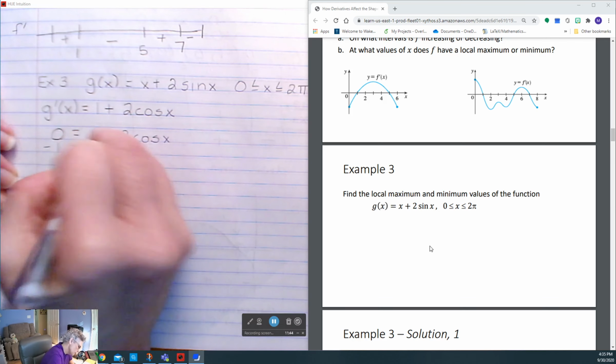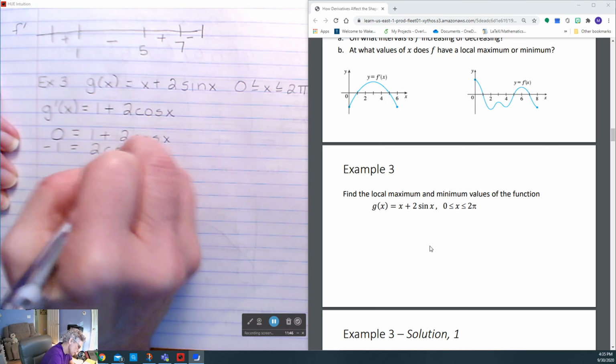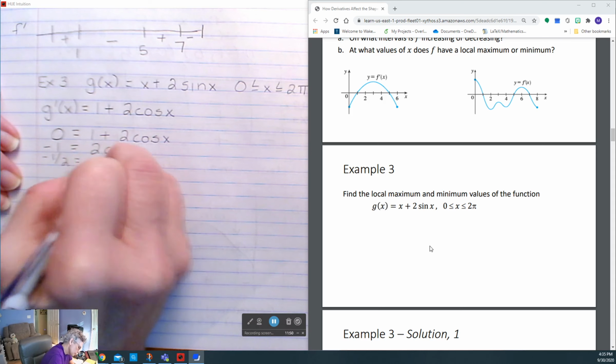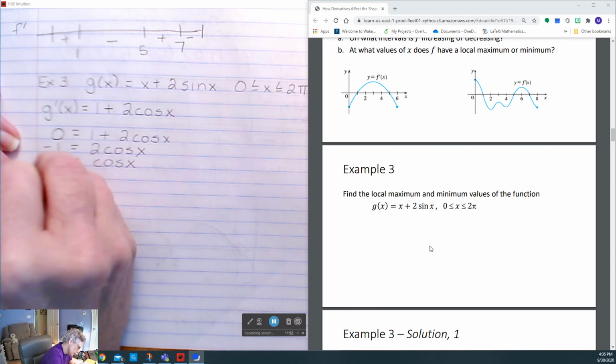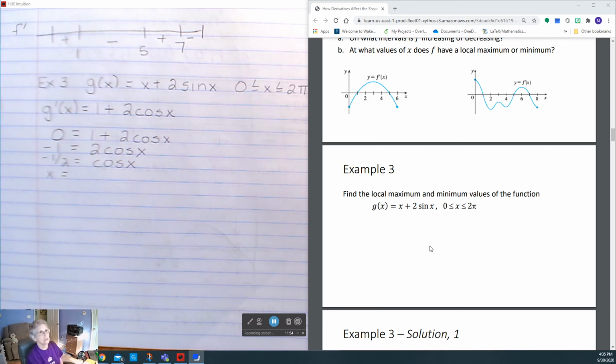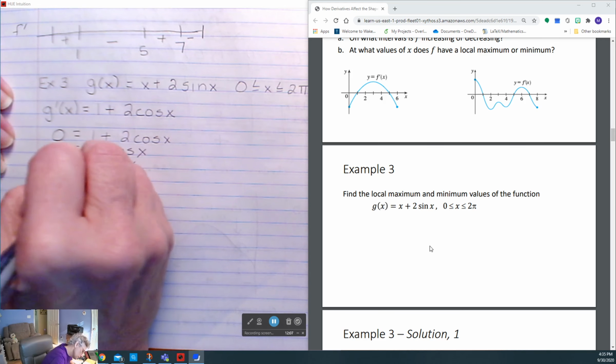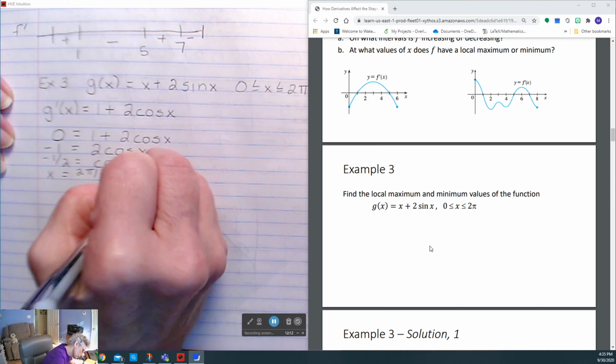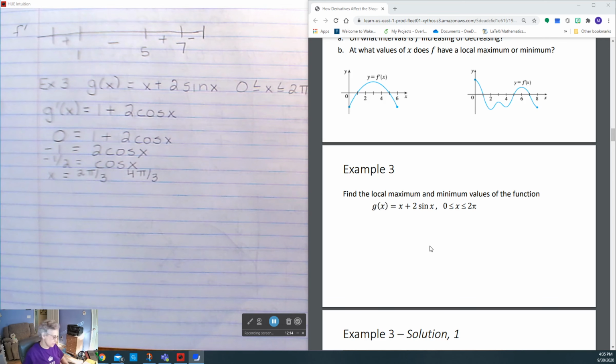Subtract 1 from each side. Divide. And cosine is equal to negative 1/2 when I have a pi with a 3 in the denominator, and when it's in quadrants 2 and 3, so 2 pi thirds and 4 pi thirds.